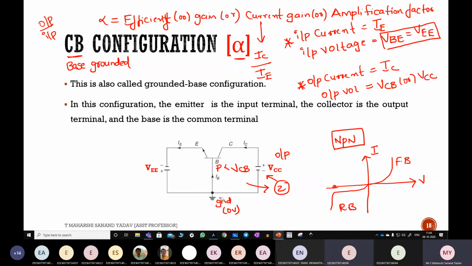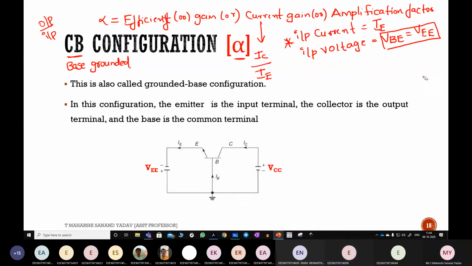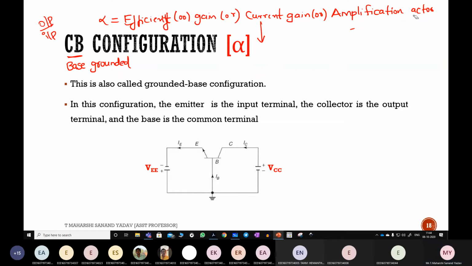CB input current is IB. What is the meaning of common base? Base is grounded. Correct. If base is grounded, there won't be any current because of base, right? Then what is the input current? IC or IE? You check this diagram.